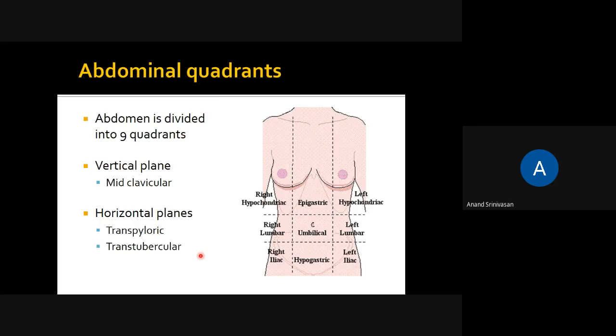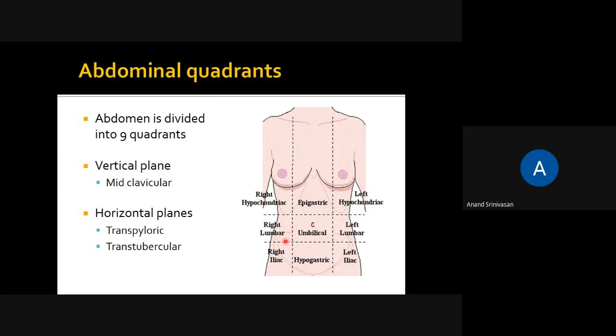Okay, the last one, after this we will just close down. We are dividing the abdomen into 9 quadrants. You can see there are 9 quadrants. Why are we dividing it into 9 quadrants? Because for us to know where each organ is present.